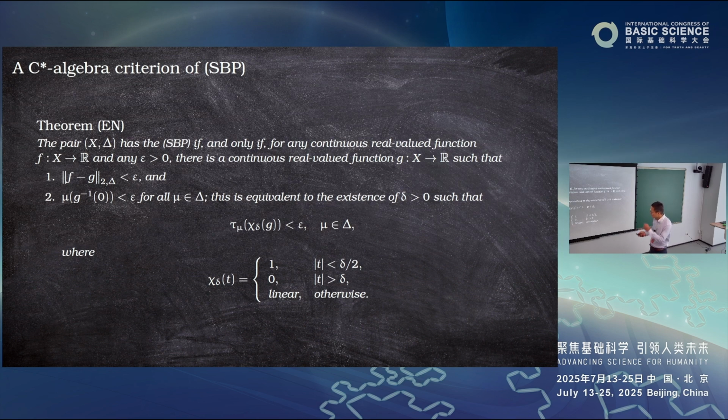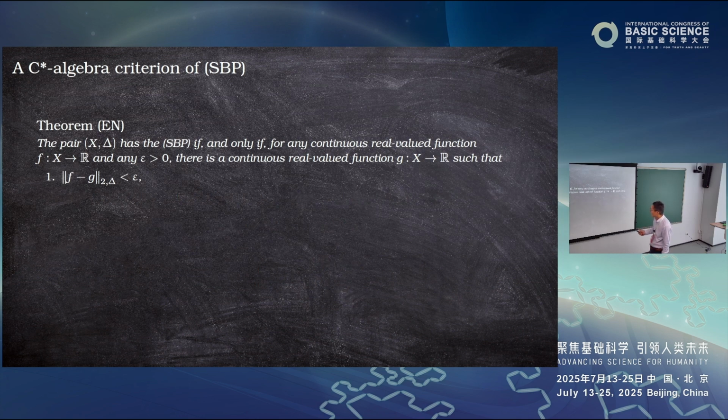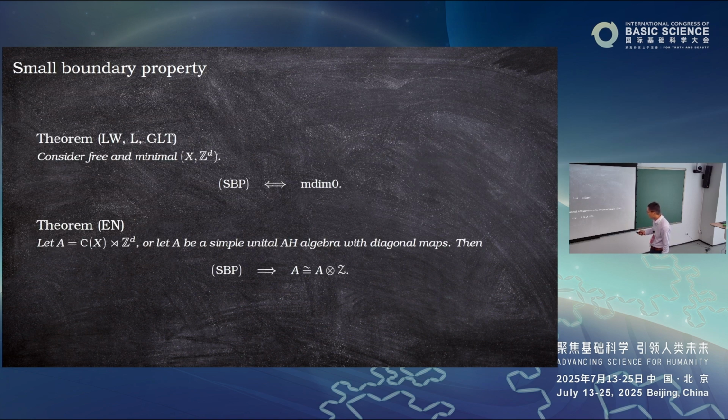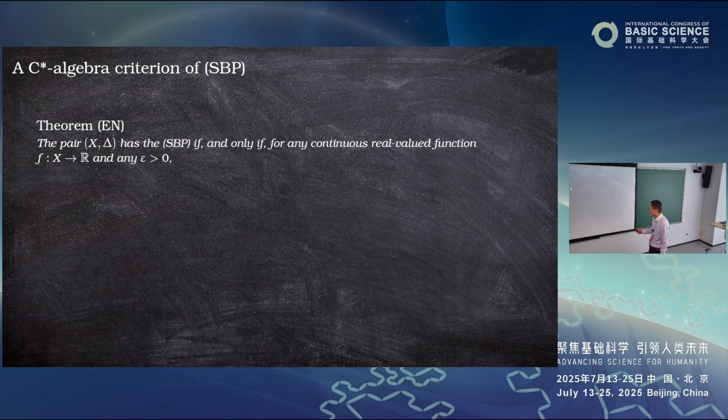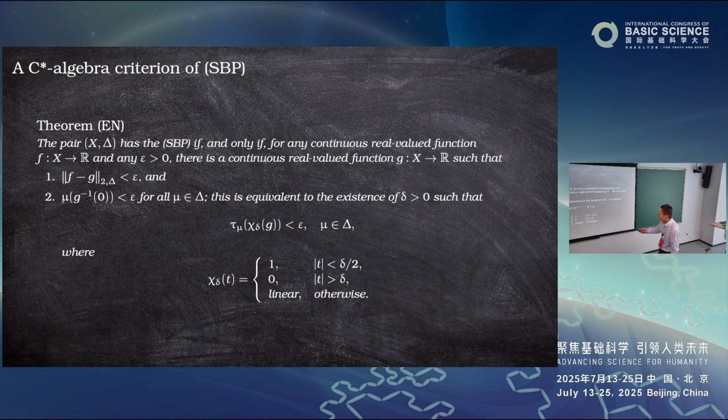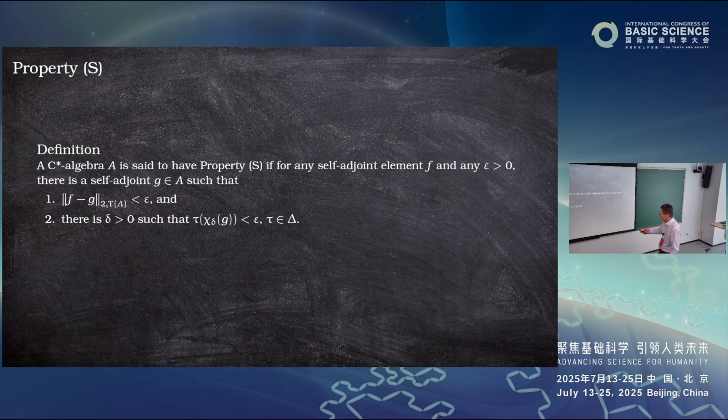So why is this very helpful to us? Because recall that we really want to show this converse. Now we look at the ambient C-star algebra, which is assumed to be Z-stable. For the ambient C-star algebra, this characterization can be formulated purely in terms of C-star algebras.